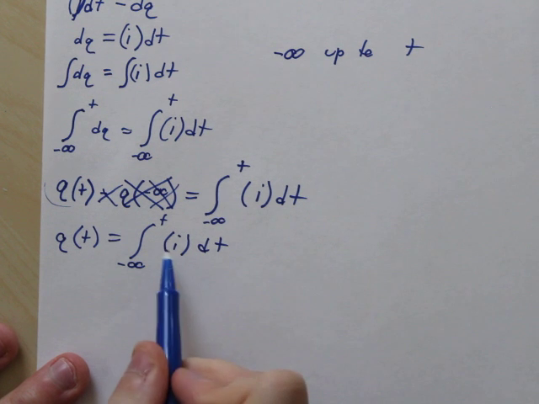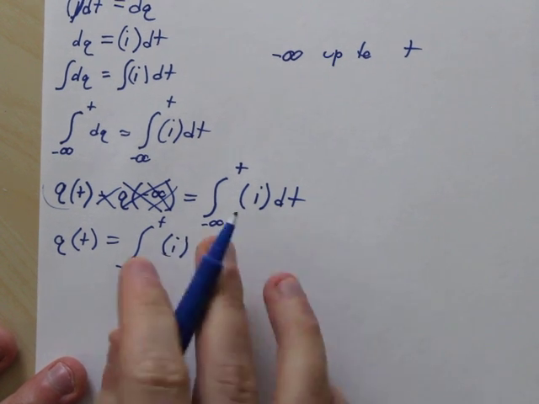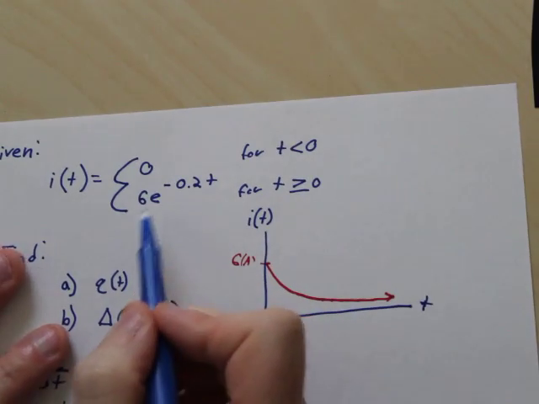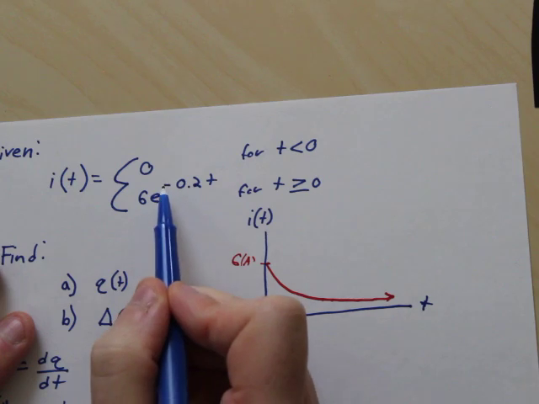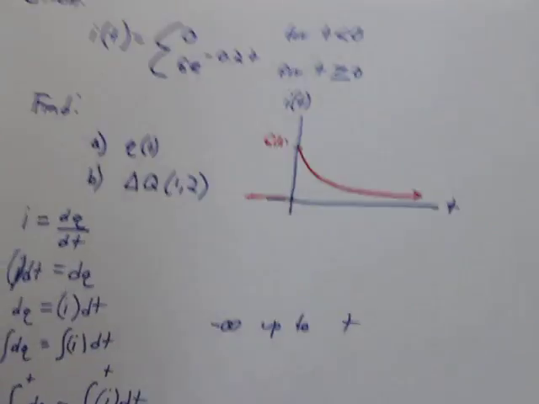Now the last step of this is to plug in what current equation we have for the rest of the equation, because this is going to go from here to here. So if we look up here, we've got our 6e to the minus 0.2t equals the current at any time bigger than 0, so we're going to have to plug that in.